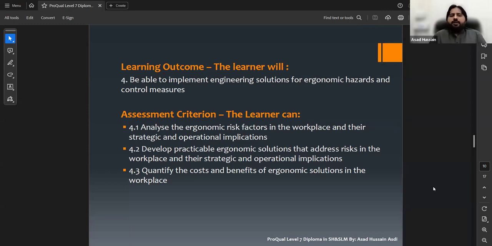In 4.2, develop practicable ergonomic solutions that address risk in the workplace and their strategic and operational implications. So do remember, there is the word practicable, because sometimes with the position of the worker or the place or the work environment, the activity where the worker has to perform, sometimes all the solutions are not possible to address the ergonomic issues.